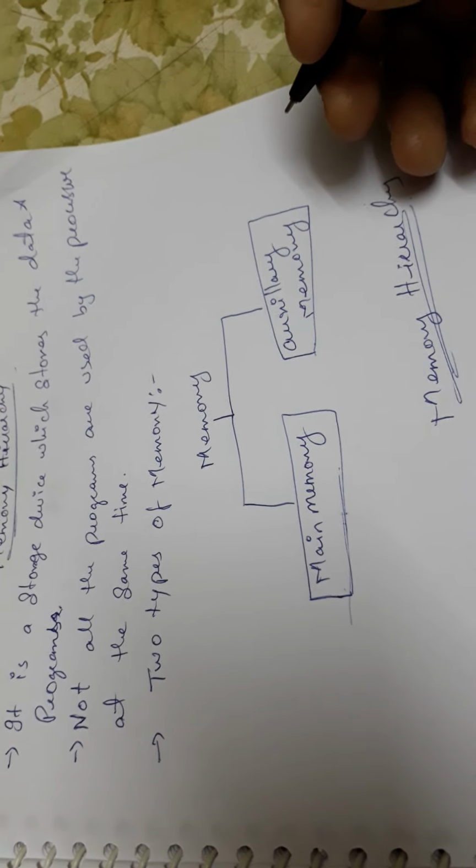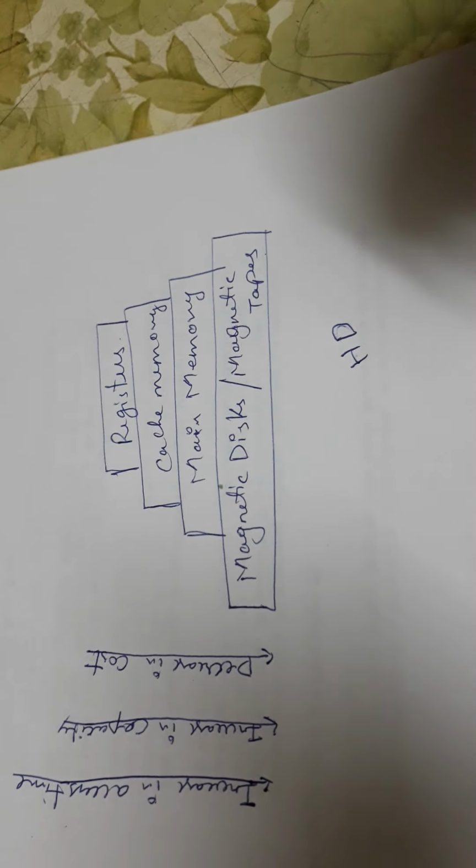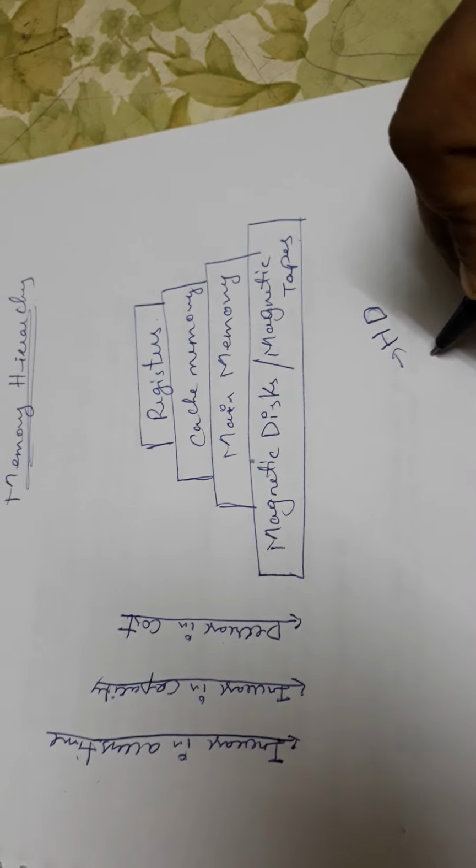The memory devices I have placed in this memory hierarchy are magnetic disks or magnetic tapes. In this category of memory, all the auxiliary devices come under this category. For example, your hard disk, and if you include an external hard disk apart from the hard disk already in your computer, that comes under this category.